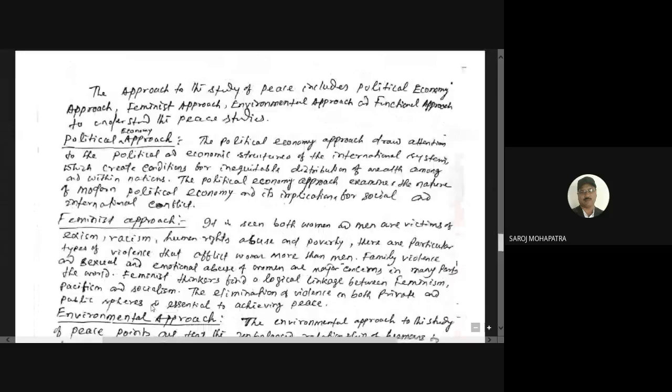The approaches to the study of peace include the political economy approach, political approach, feminist approach, environmental approach, and the functional approach to understand peace studies.